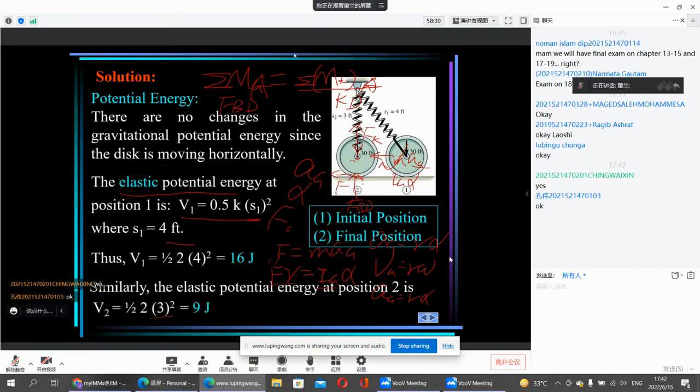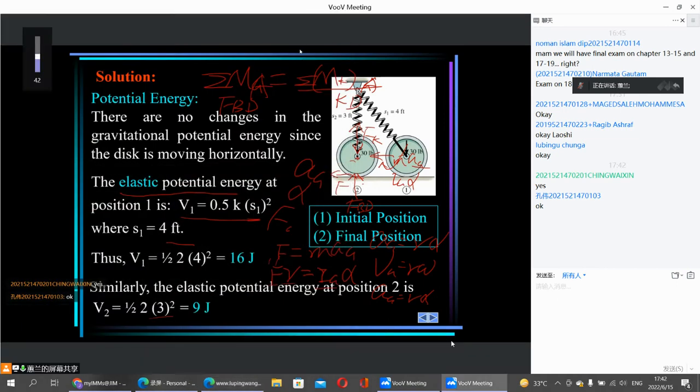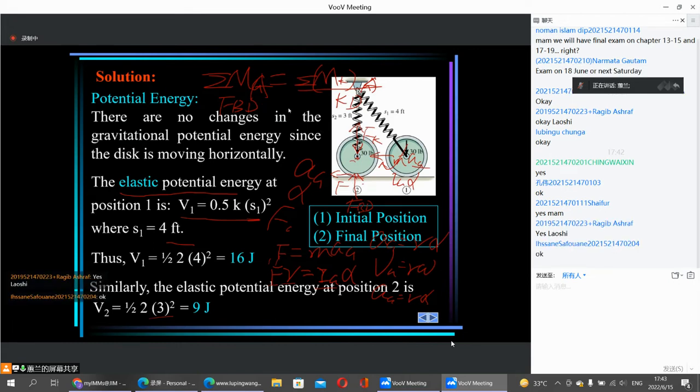Okay, so just now I have talked about how to find out the friction force, how to find out the acceleration of the mass center, and the angular acceleration. We can apply equations of motion, right? When you apply equations of motion, never forget we have three scalar equations.